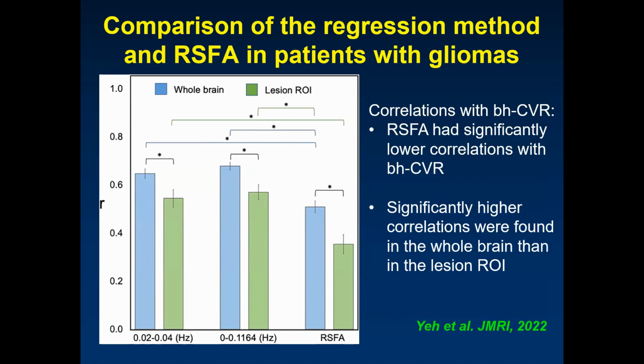They calculated the spatial correlation of the resting state CVR maps and the RSFA map with the breath holding CVR maps, and they found that the RSFA had a significantly lower correlation with the breath holding CVR as compared to our regression method. They also found a significantly higher correlation in the whole brain than in the lesion ROIs.